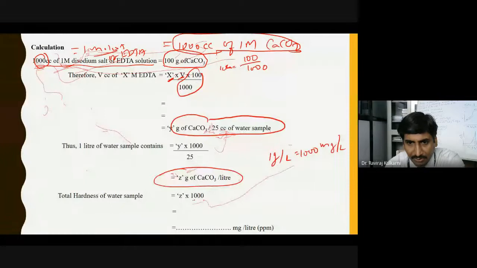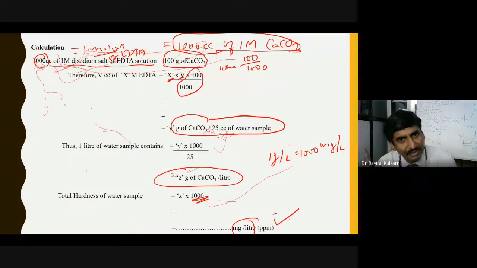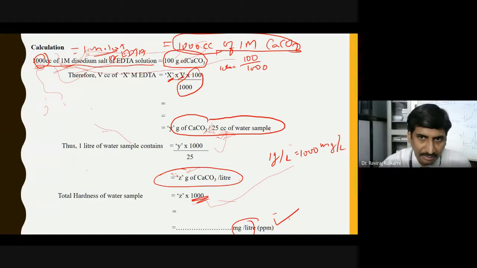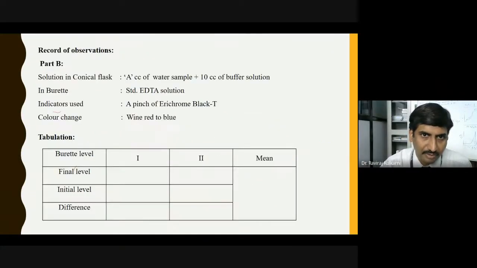Right? So that's why I am multiplying again by 1000. So to get milligram per liter, which is also known as ppm. 1 milligram per liter is equal to how many ppm? 1 ppm. Okay, ppm and milligram per liter are the same. So you can do this calculation.